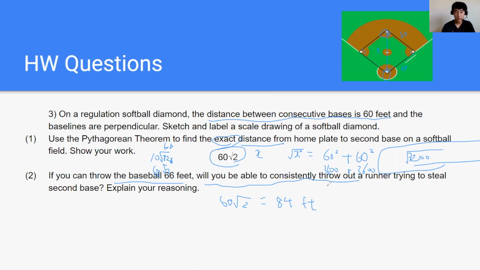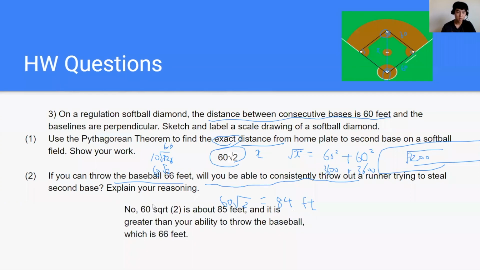So you will not throw out a runner trying to steal second base. And the answer is no. 60 square root 2 is about 84 feet. It's greater than your ability to throw the baseball, which is 66 feet. Okay.